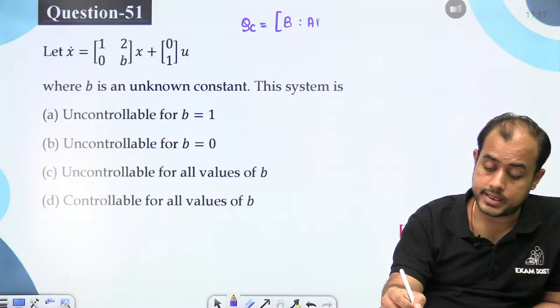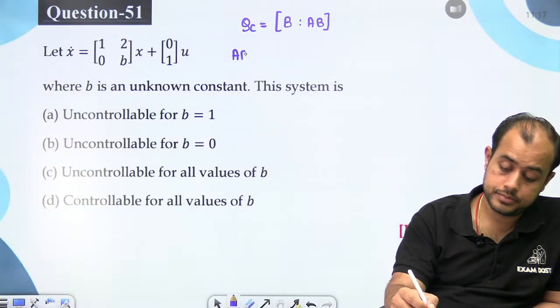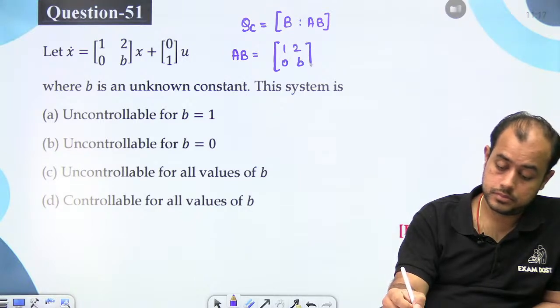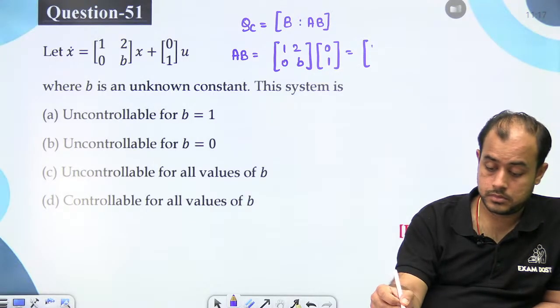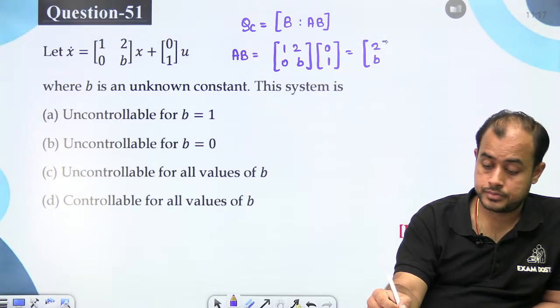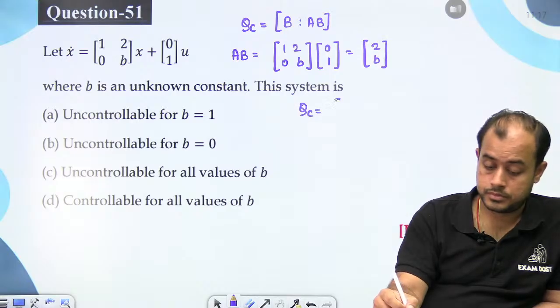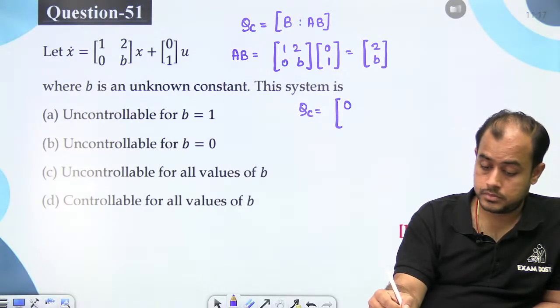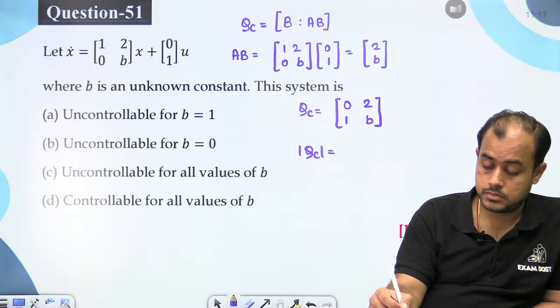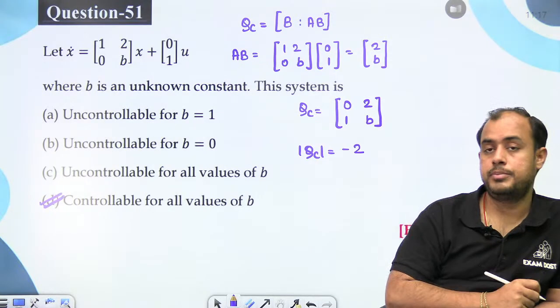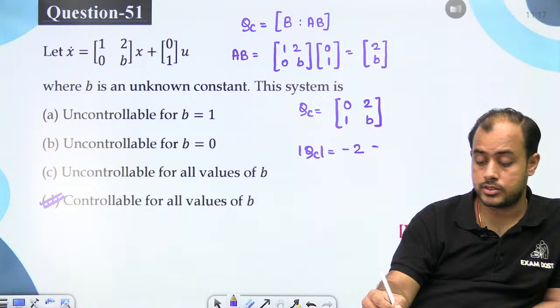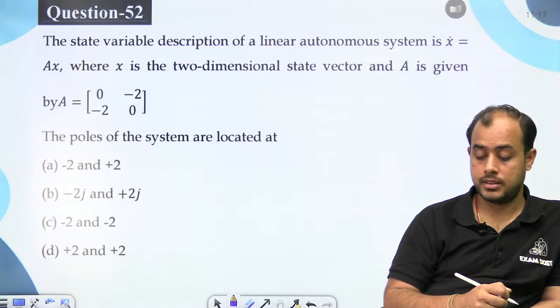Qc is an augmented matrix like this. Controllable for all values of B. Okay. Determinant is non-zero, so it is controllable.